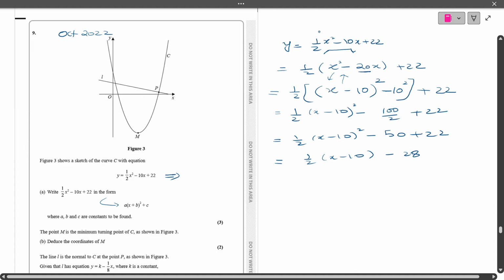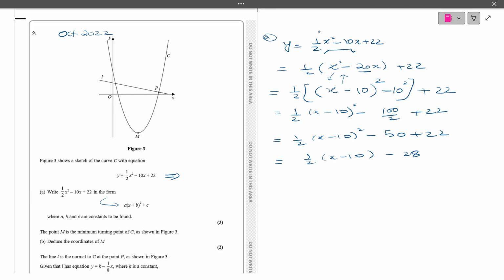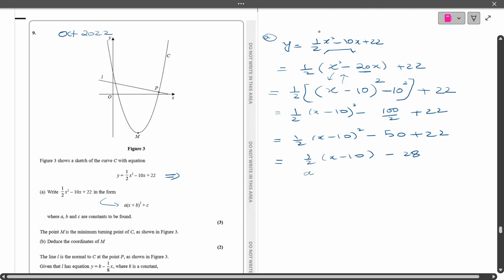Okay, so the A part is done, where A, B, and C are constants. So A is 1 over 2, B is negative 10, and C is negative 28.